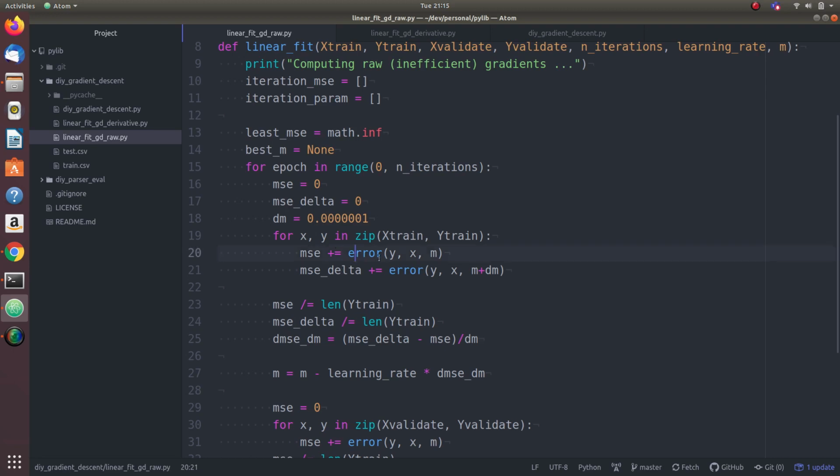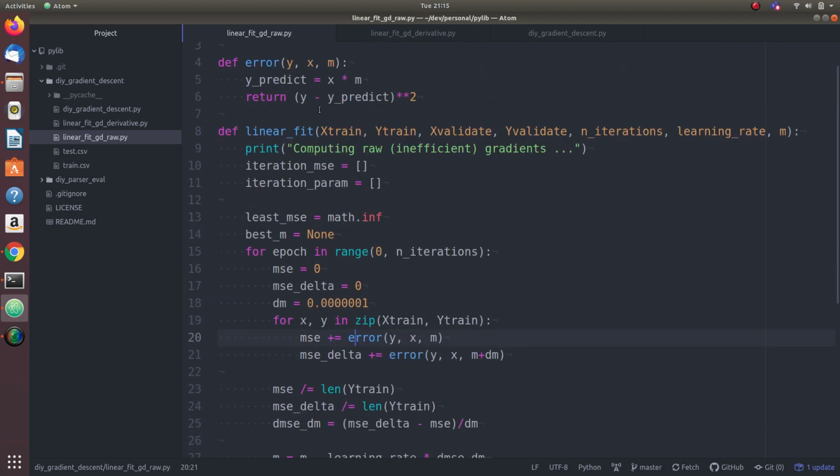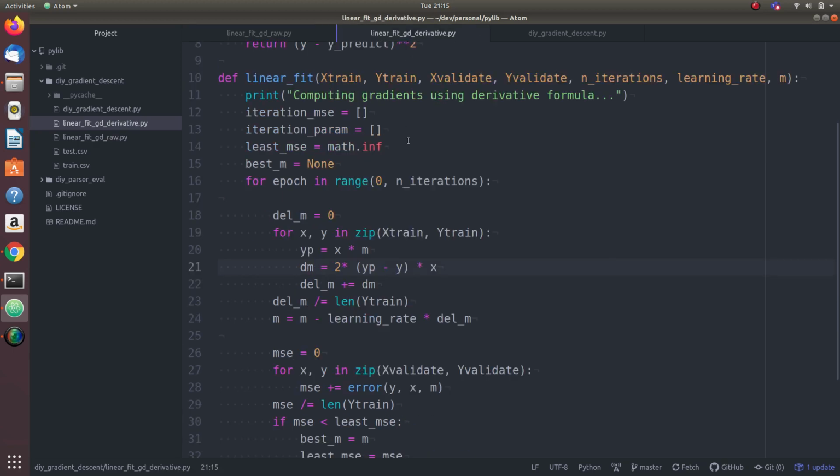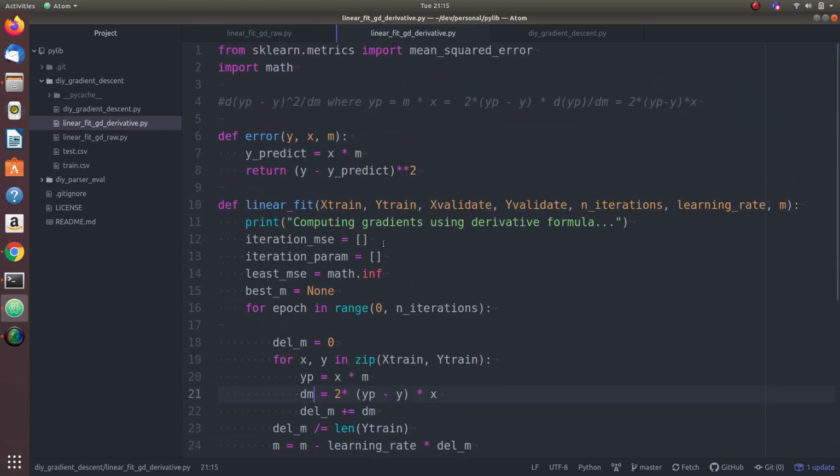But here the problem is that we are actually calculating this error function twice, and calculating the y predict value may be a complex operation with a lot of parameters. So this is going to be computationally expensive. So we can actually use the properties of derivatives.